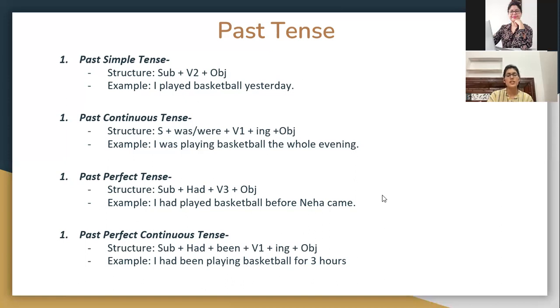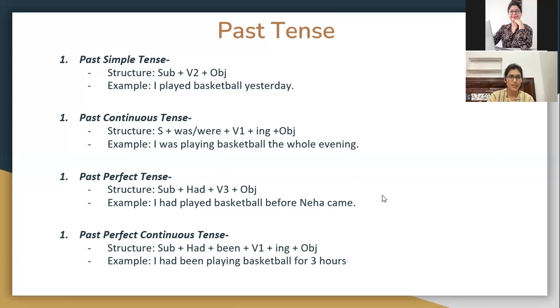The structure is subject plus helping verb was or were plus first form of main verb plus ing plus object. When the subject is singular, we use helping verb was, and when the subject is plural, we use helping verb were.